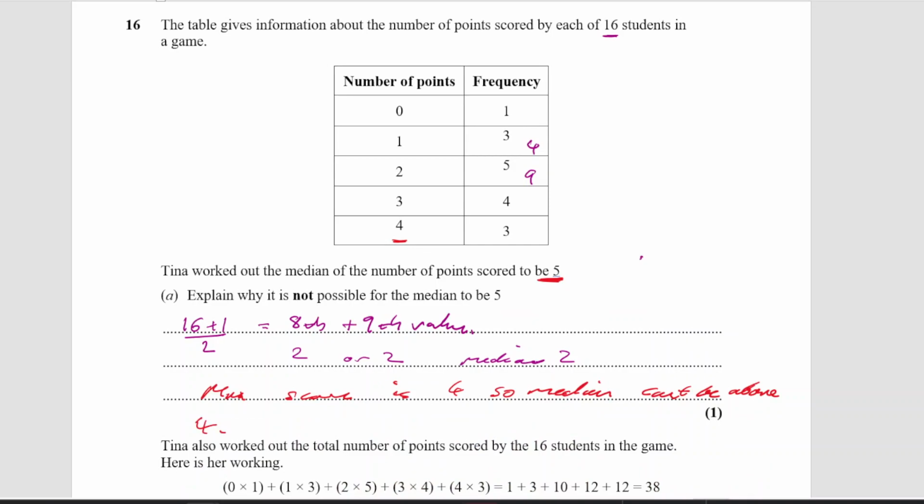That would be absolutely fine. So I've given you the actual way that you would work out the median, and then the logical argument: as the maximum score is 4, the median can't be above 4.